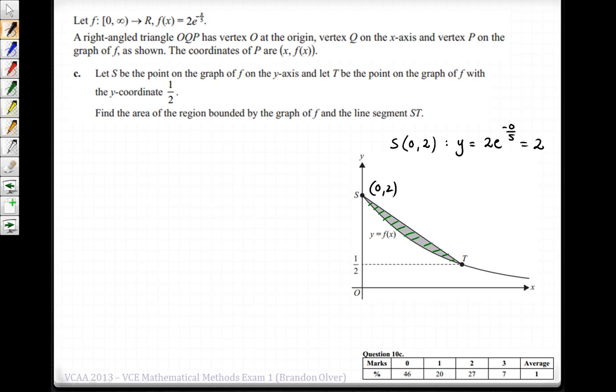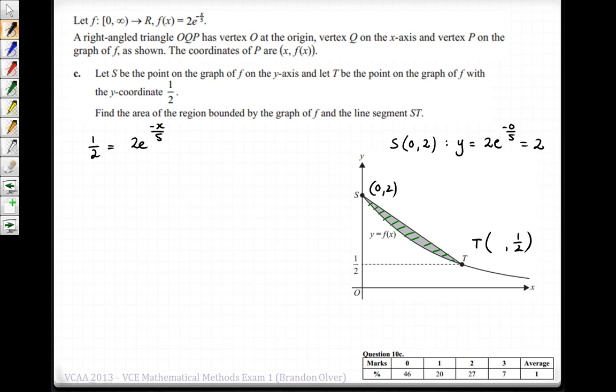So T is going to be a little bit trickier to find because we know that T is something comma a half. So we need to solve the f of x equation for when y equals a half. So we're going to set up a half equals 2e to the negative x on 5.